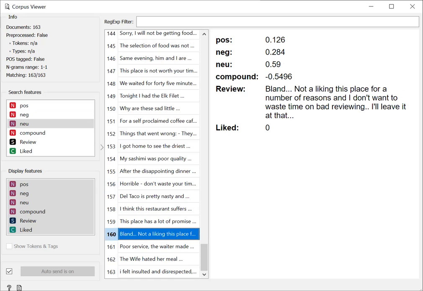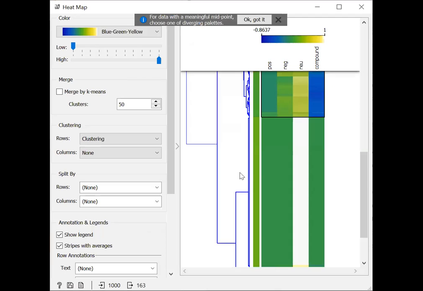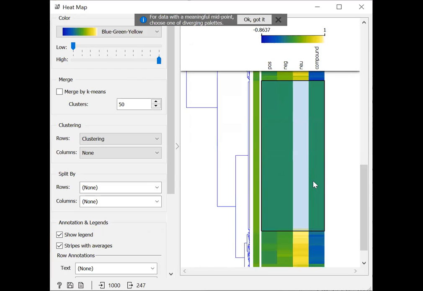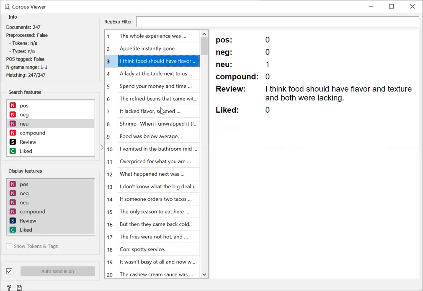Okay, so let me go with another one. Here we can see the green one, purely green. It means neutral. Okay, so let me see. I think food should have flavor and texture, and both were lacking.